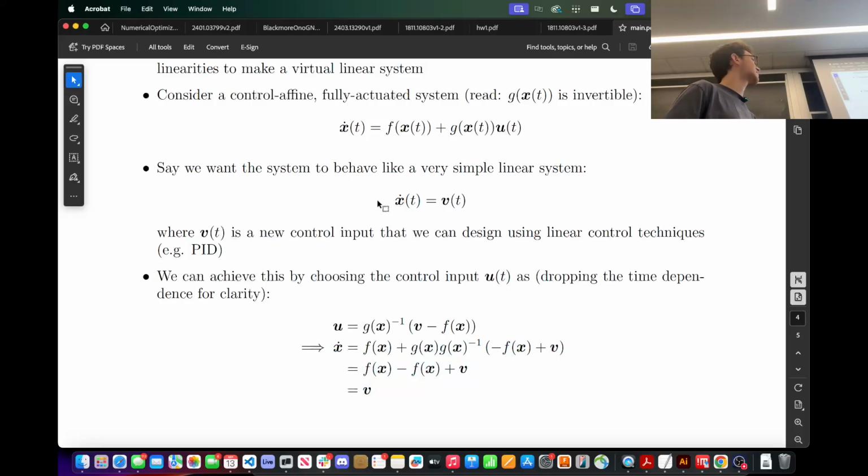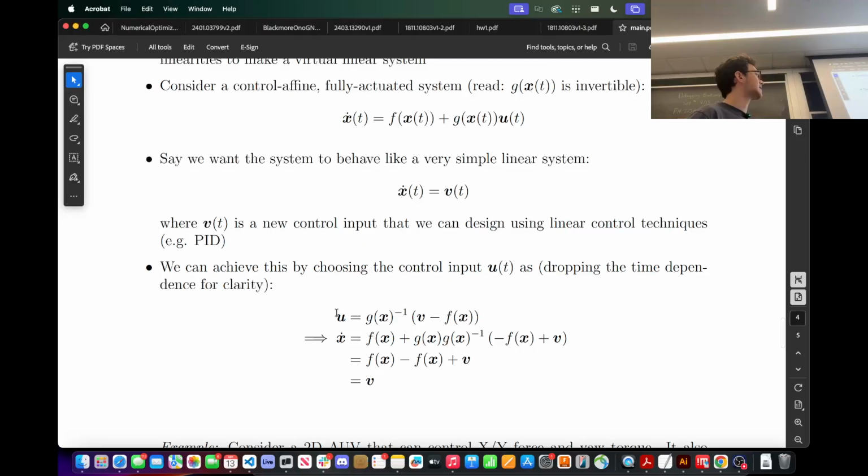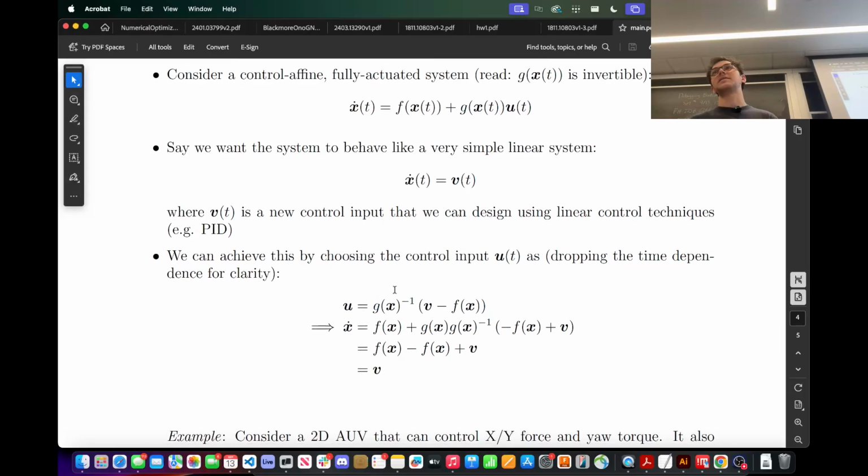So if I want my system to look like this, all I have to do is make u, the actual control input u, equal to whatever v was. So v came from a PID controller. And then I need to cancel the nonlinearities by doing this little procedure here. So G inverse times v minus f. I hope this makes sense to everybody, right? Good.